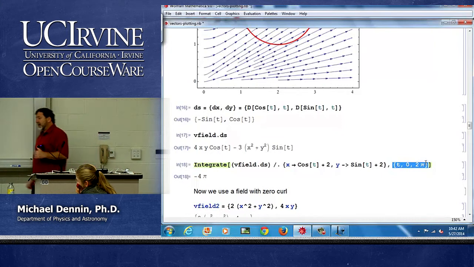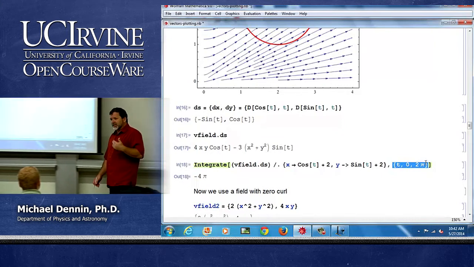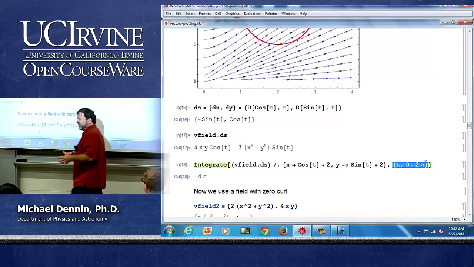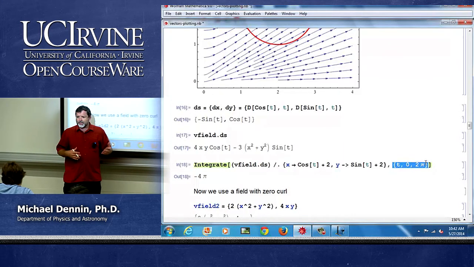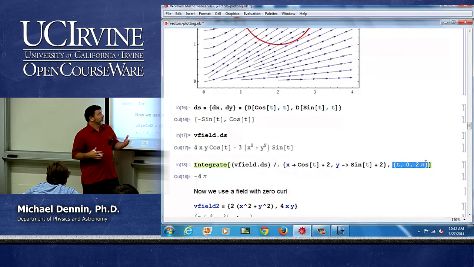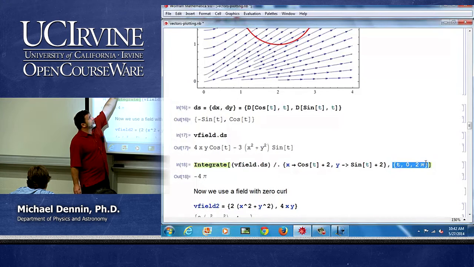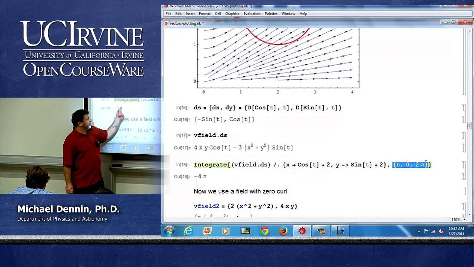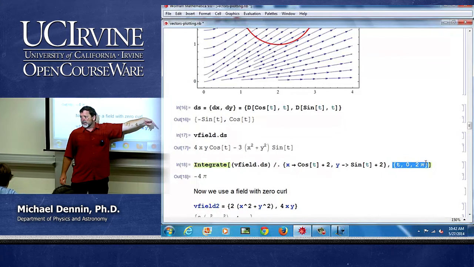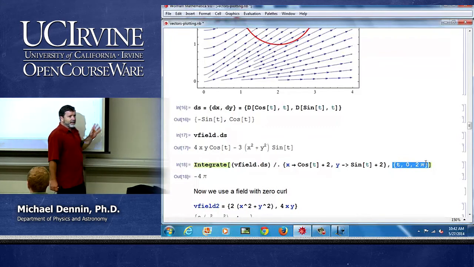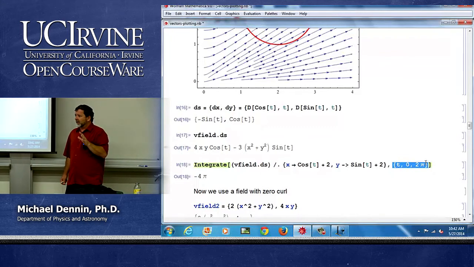So notice in this case, if you understand the procedure and you have some really complicated arbitrary parametrization of x and y in terms of t, it's still these three steps. All you've got to do is take the derivative of x and y with respect to t. That's your ds. Then dot it into vector field, and then do your substitution and integrate. So this is a case where Mathematica really makes it a lot easier when you understand what the process is.